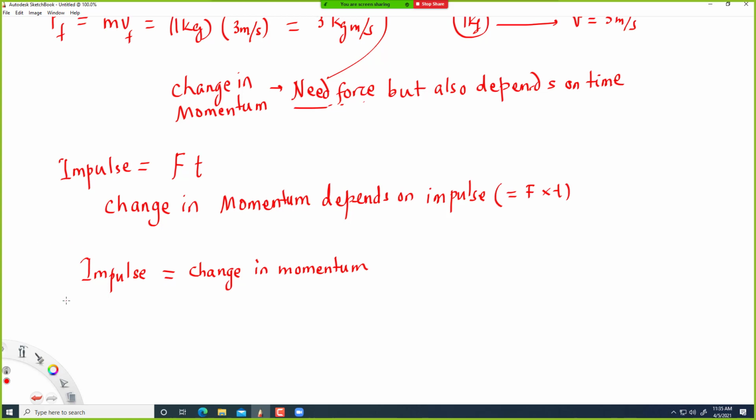Can you also break down the force, the change in velocity? Yeah, exactly. And that's how you get this equation. So we have this equation, F is equal to ma.